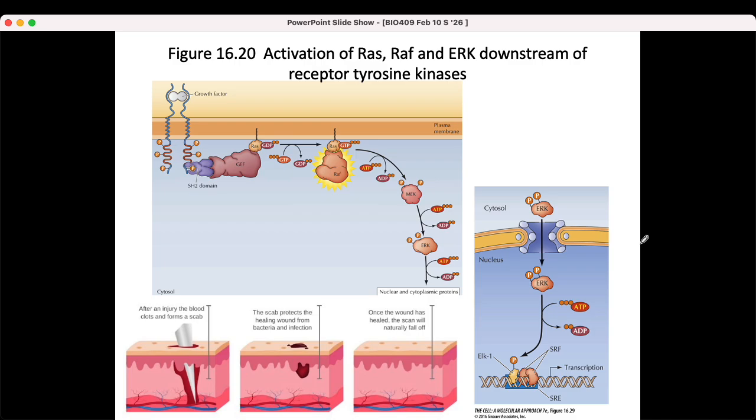And what's happening there is one of the general things that happens inside the cell. And so we want to put a couple of terms down here. The general term for this is it's called a signal transduction pathway.